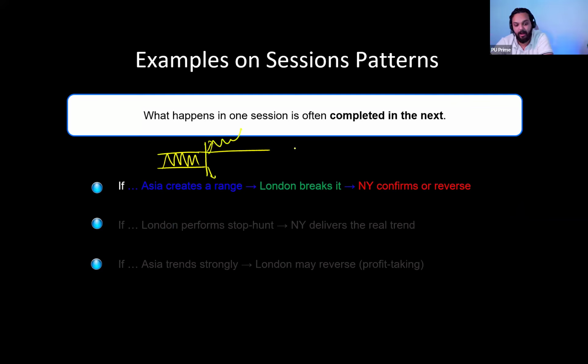If it breaks high, then New York either continues or reverses, because if the price goes up very high in London, people say let's take the profit, so they start to sell when New York opens and the market drops. If London performs a stop hunt, New York delivers the real trend. If Asia trends strongly, London may reverse.